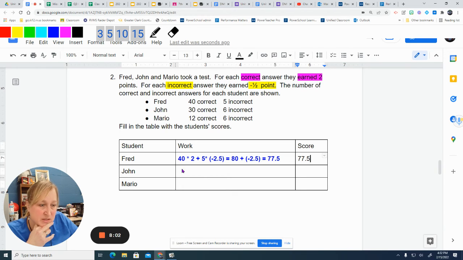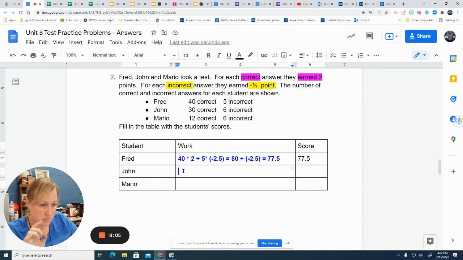John has 30 at 2 points each, plus 6. And I'm going to write it as -1/2. What helps me is that I know 30 times 2 is 60.